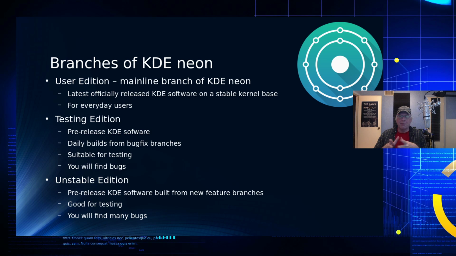It's coming from bug fixes and that sort of thing, and it's really intended as a testing platform before they move that release on to a user edition or a stable release. You will find bugs in that edition. There's also an unstable version, and that is pre-release KDE software built from new feature branches. So in this one, you are at the cutting edge. You're right with the developers as they're building these things out. And it's good for testing, but you're going to find many, many bugs because it hasn't been tested very much.